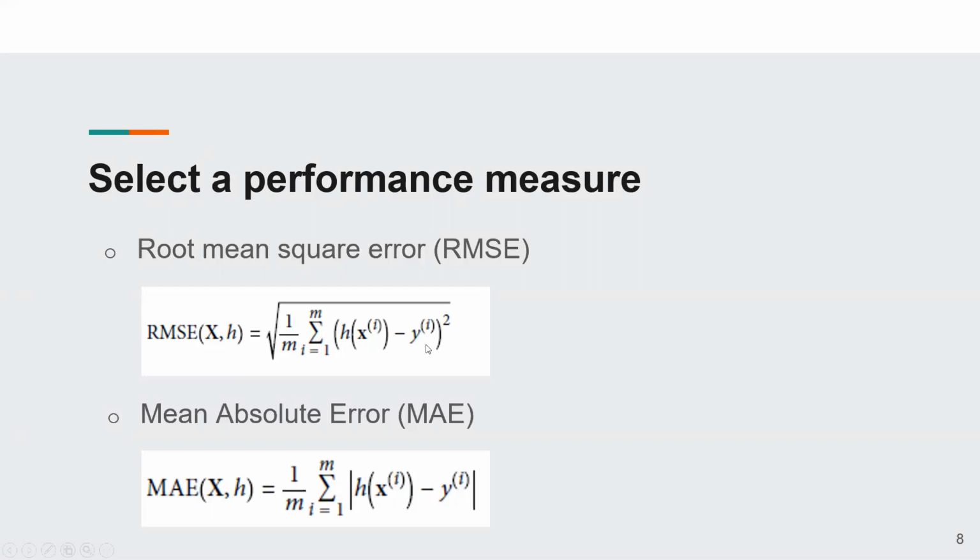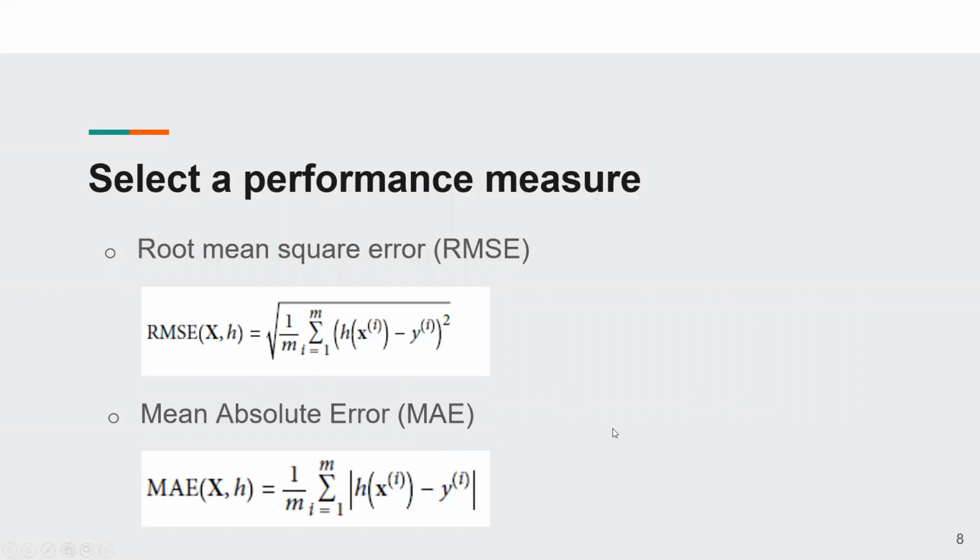This is y_i, the actual y value, and this is the predicted y value. Take the difference squared, sum all of them for all of the observations, times 1 over n, the number of observations, and take the square root. This is called root mean squared error.